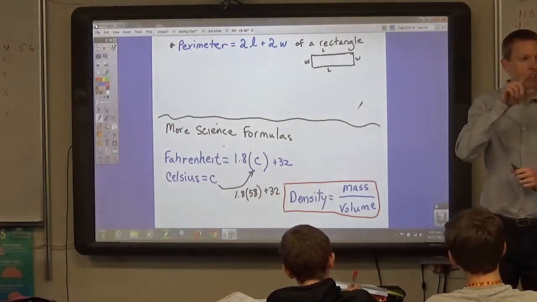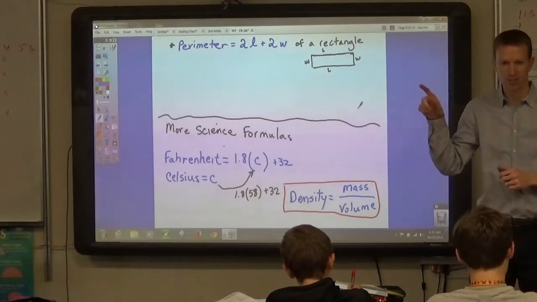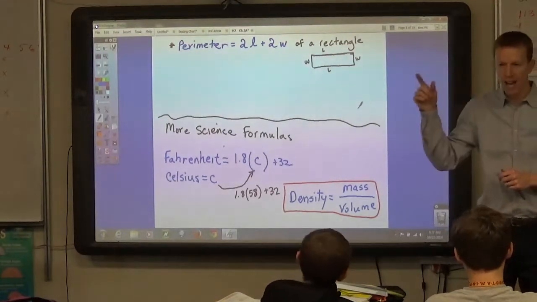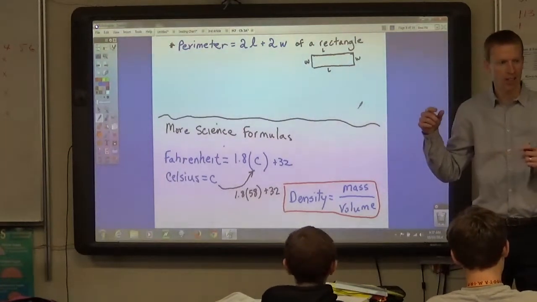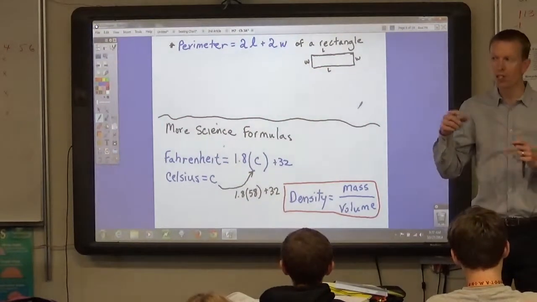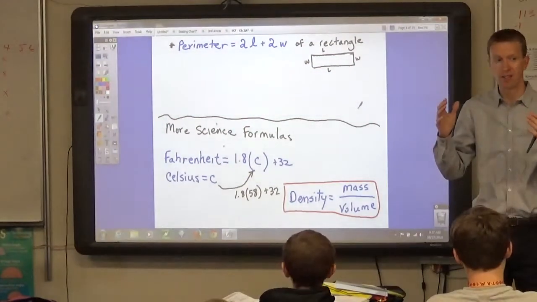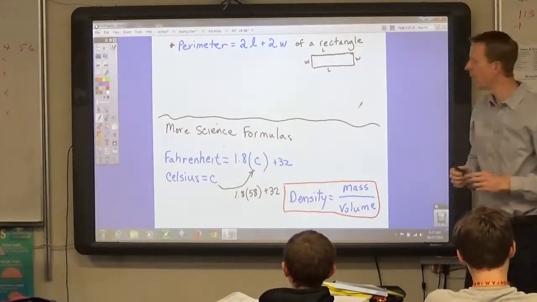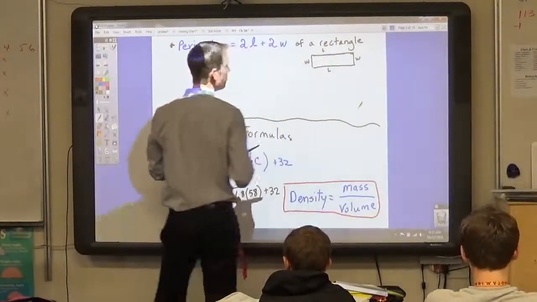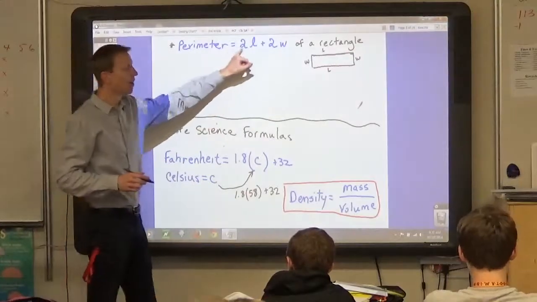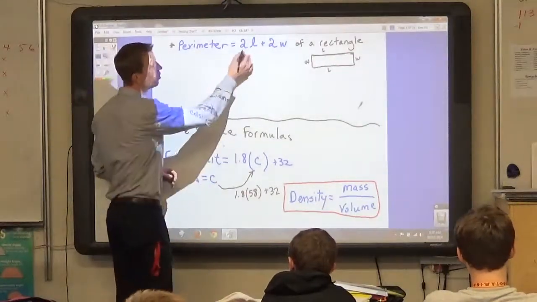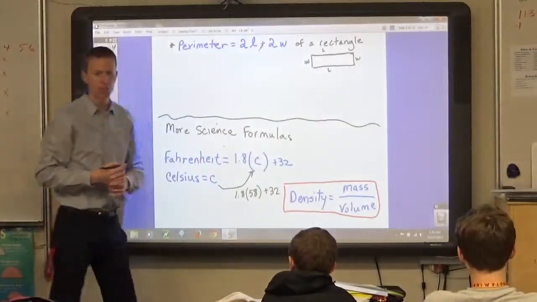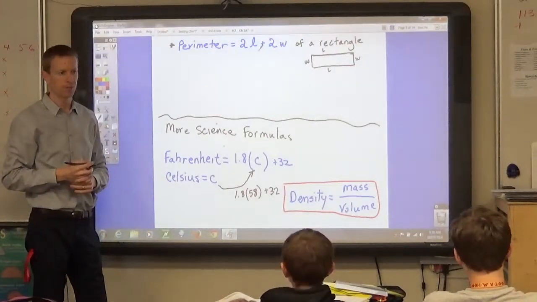What would we need to add? No, it's of any figure. You add all the sides, right? And so another way to write this is 2 times the length plus 2 times the width. Okay?